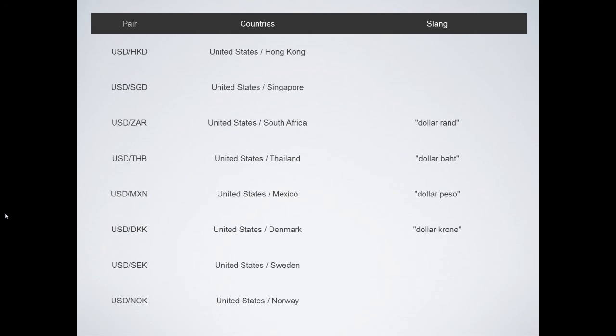So South Africa, we've got Hong Kong, Singapore, Thailand, Mexico. You can include Brazil, India, countries like that where the economy is fairly big, but not as big as some of these Western countries.